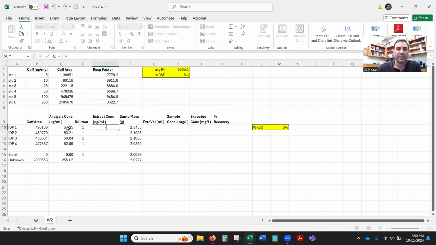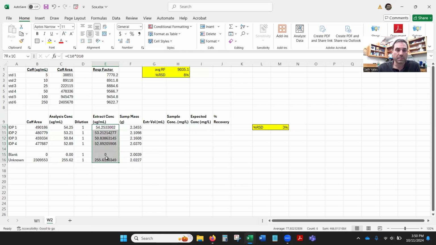So this is equal to this times the dilution, which is just 1. Perfect. Drag that down. I'm going to adjust my decimal places because so many decimal places annoy me. So these are the concentrations of my extract.